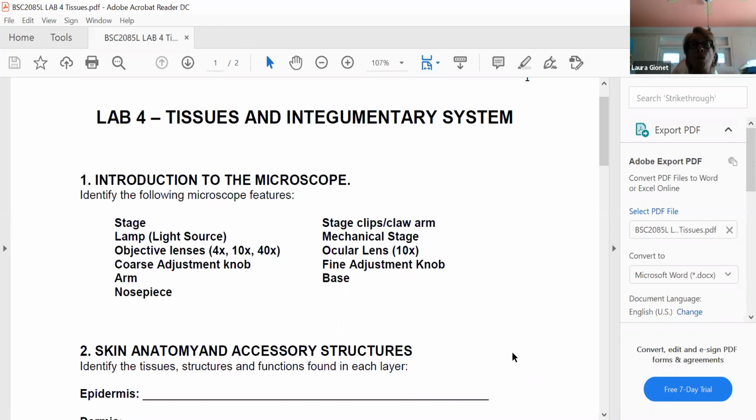Okay, so when we get into the lab, you'll see what those particular parts are. If you have the lab book, which we don't require you to have, you can look at pictures of it, as well as in any textbook.